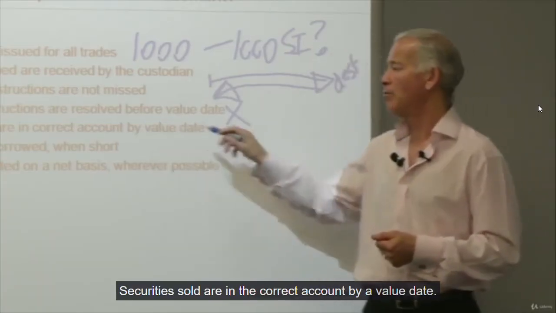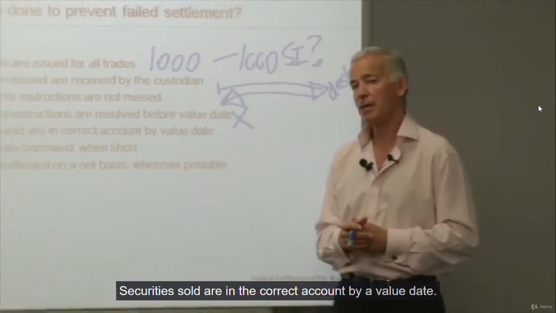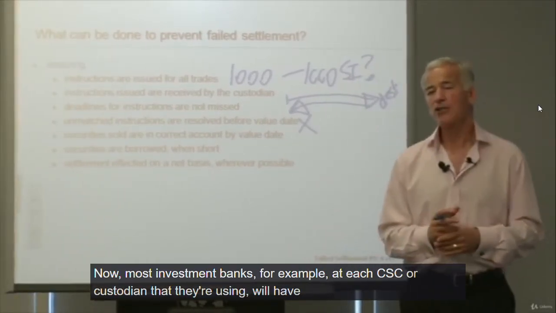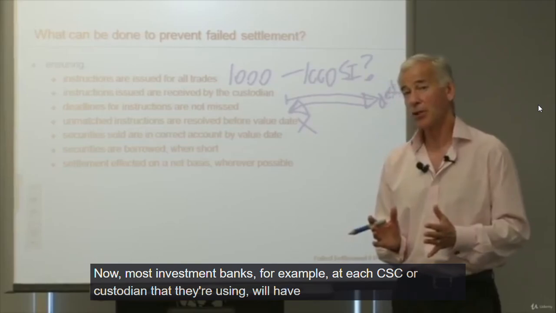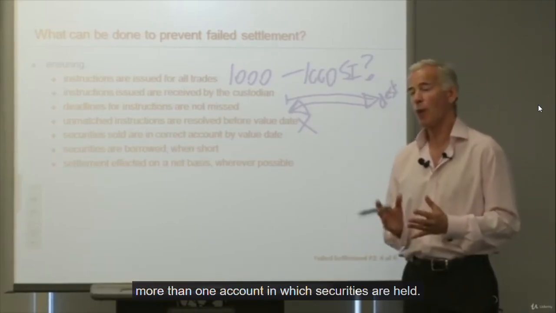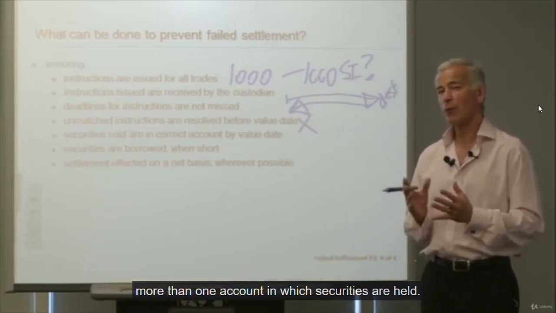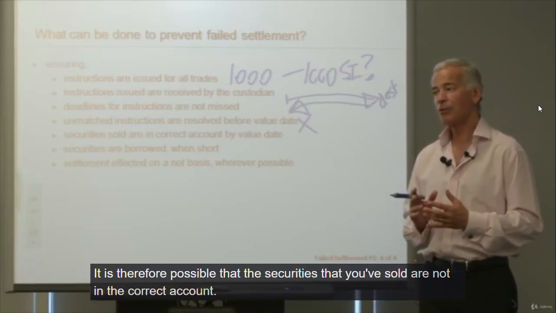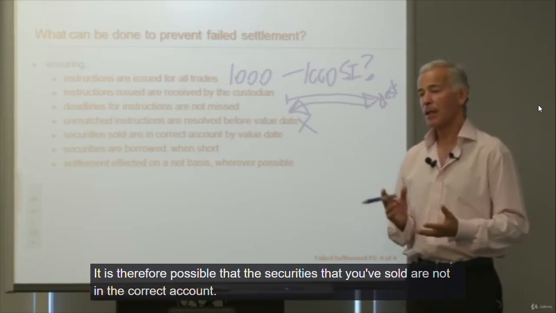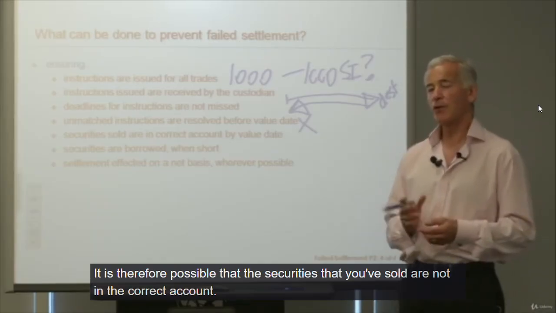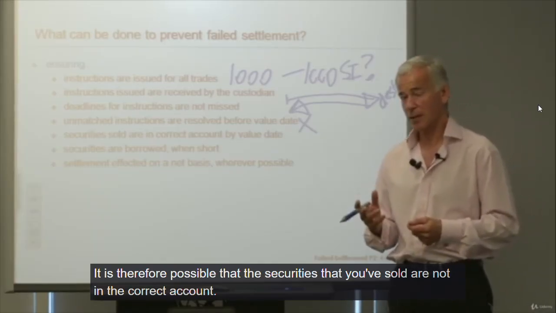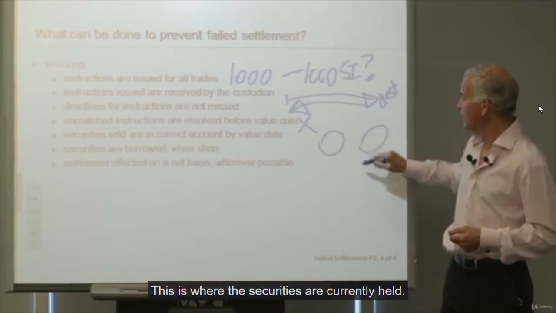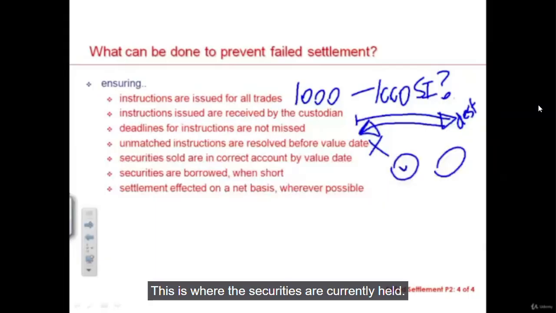Securities sold are in the correct account by value date. Now, most investment banks, for example, at each CSD or custodian that they're using will have more than one account in which securities are held. It is therefore possible that the securities that you have sold are not in the correct account. So 2 accounts here. This is where the securities are currently held.